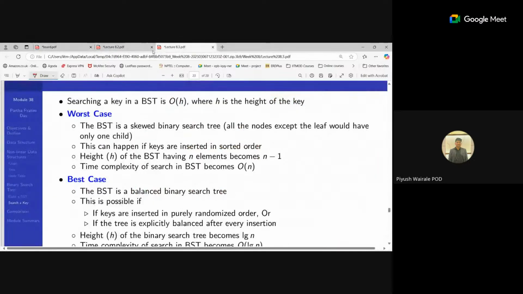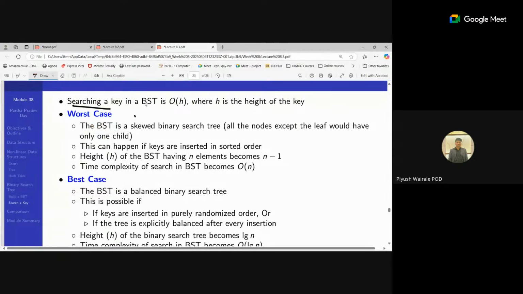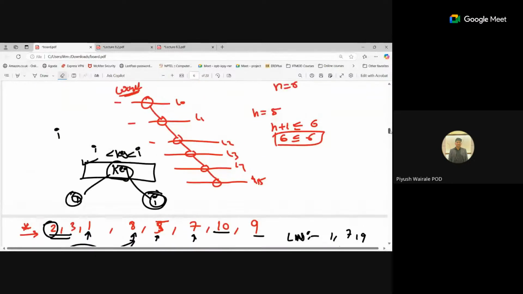Now, what we have discussed in the case of the binary search tree, why do we require that? Searching for a key in the binary search tree is of order h, where h is the height of the tree. In the worst case, what will happen? Let's say, for example, this skewed tree is a worst case.